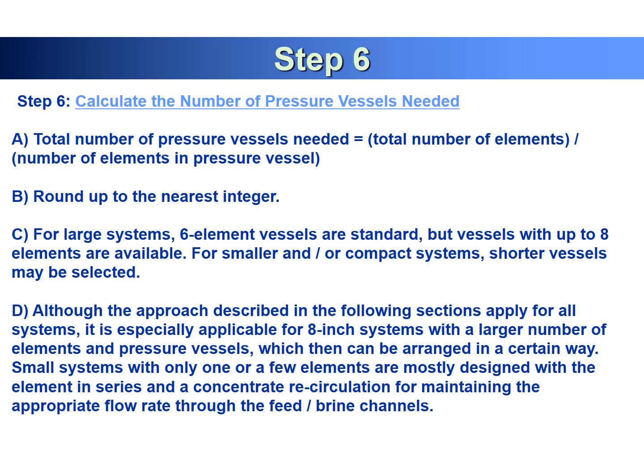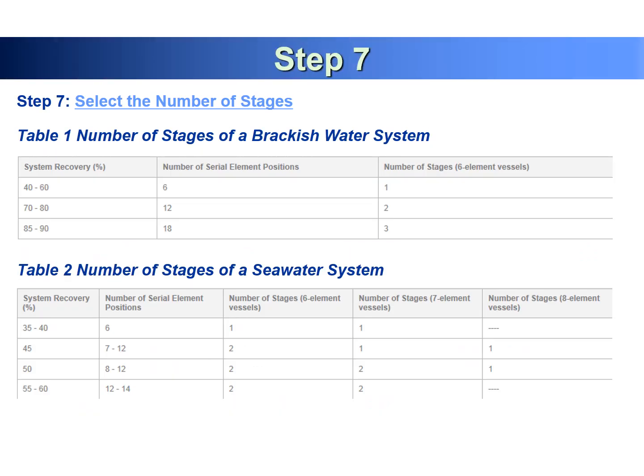Small systems with only one or a few elements are mostly designed with the elements in series and a concentrate recirculation for maintaining the appropriate flow rate through the feed brine channels. So we can easily calculate the pressure vessels if we know the number of elements.